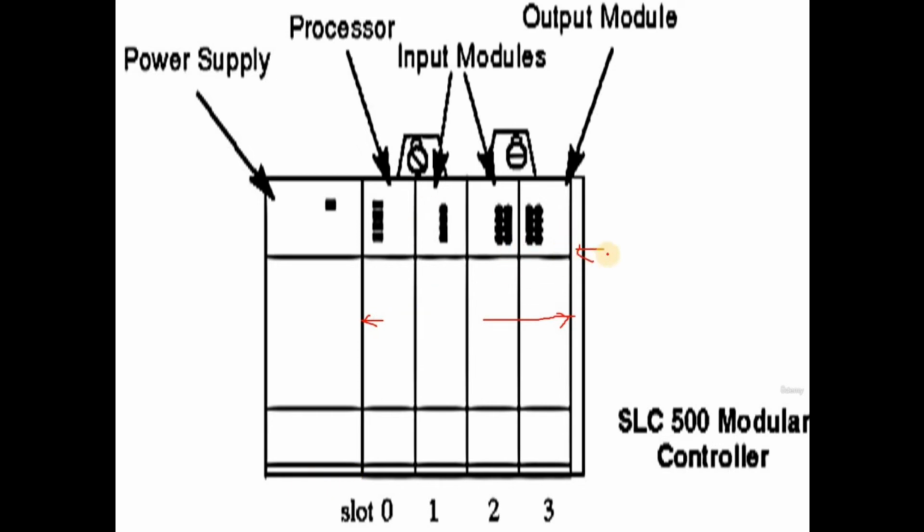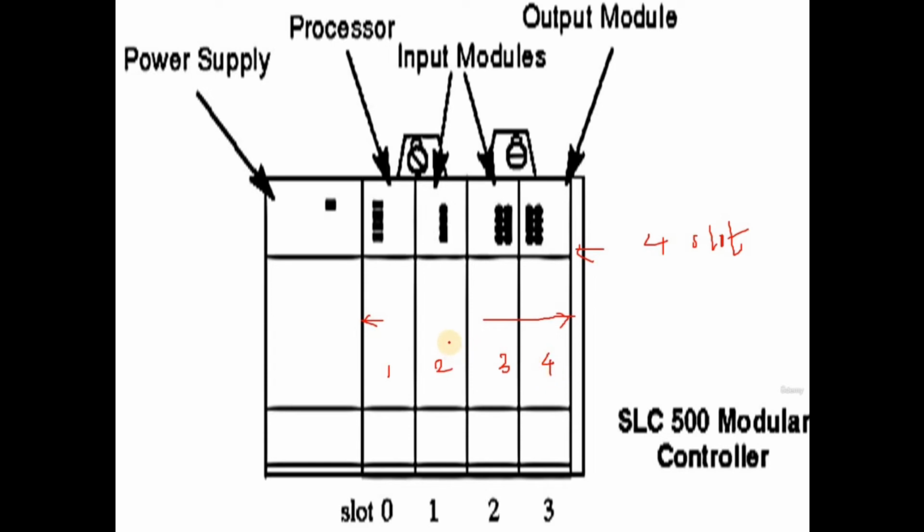This PLC has a total of 4 slots. This is a single rack, and in this rack you are observing 4 different slots: slot number 1, slot number 2, 3, and 4.